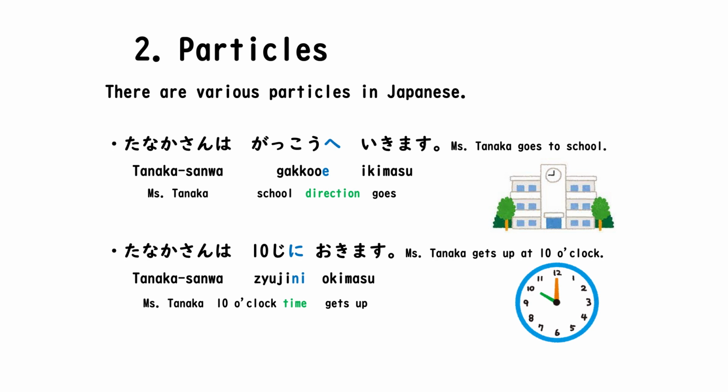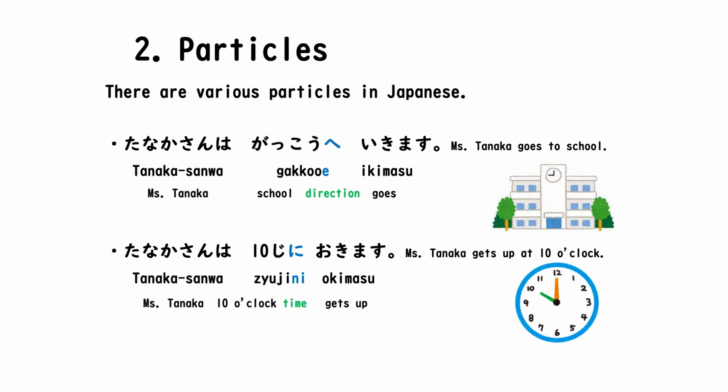Also, in the next sentence, 田中さんは10時に起きます. Miss Tanaka gets up at 10 o'clock. This particle に stands for time, and it shows that the time when Miss Tanaka wakes up is 10 o'clock.